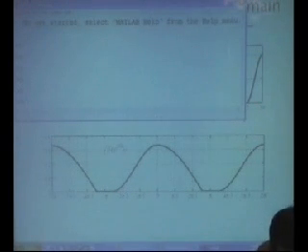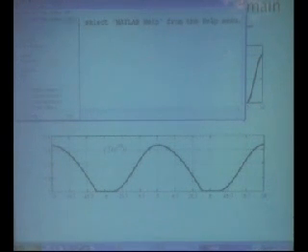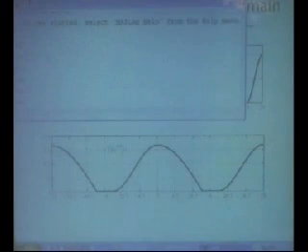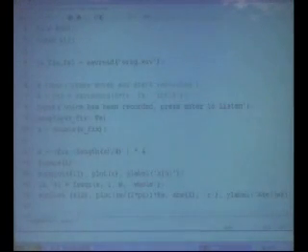Okay, so in MATLAB, decim, okay, so this is a wave file, and I'll successively throw away samples in this wave file.